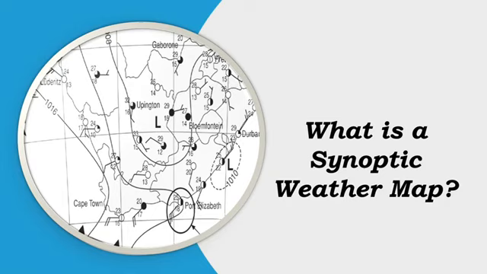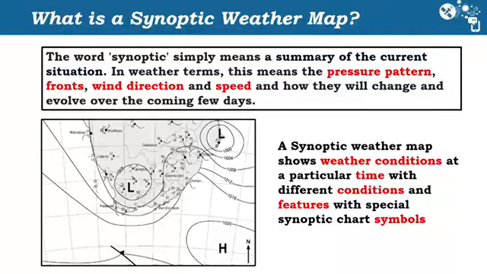What is a synoptic weather map? Now, the word synoptic simply means a summary of the current situation. So in terms of weather or climate, this means the pressure pattern experienced in an area, the fronts, the wind direction, wind speed, how they will change and evolve over the coming few days.